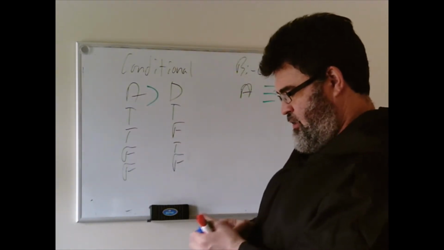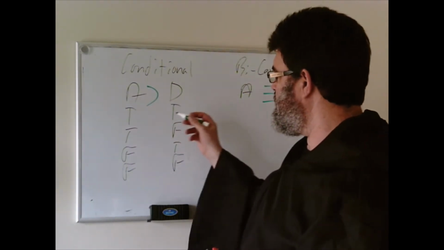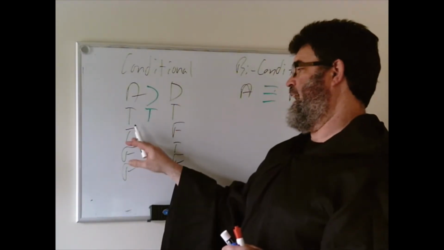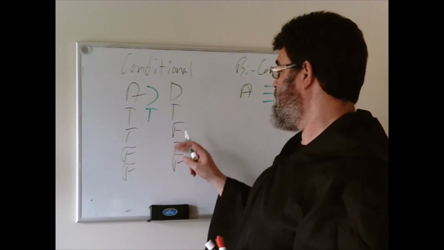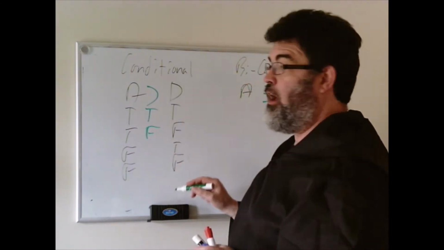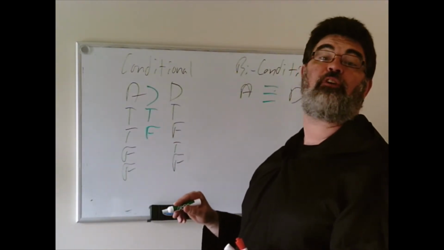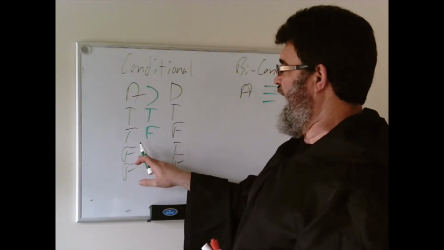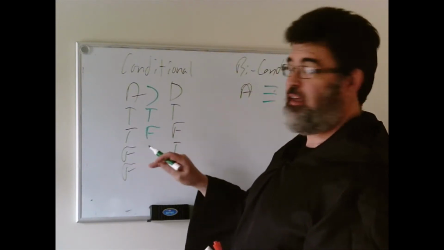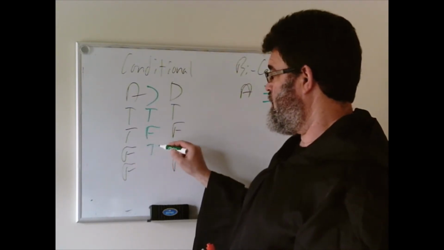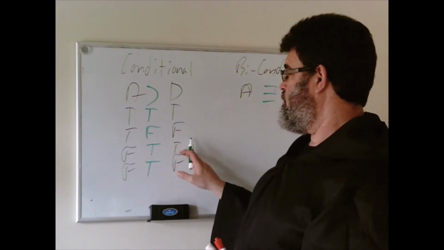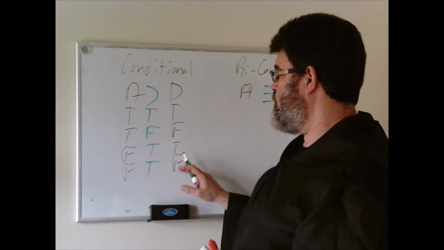If both sides are true, then the conditional is true. If the antecedent is true and the consequent is false, then the conditional is false. But here's where it gets real fun. If the antecedent of a conditional is false, then the conditional is true, whether the consequent is true or false.